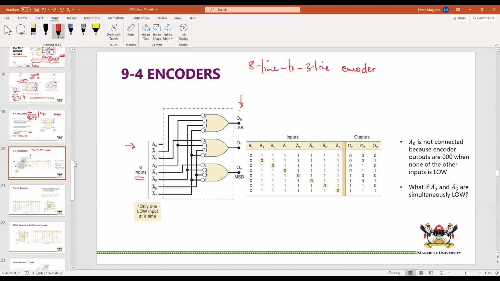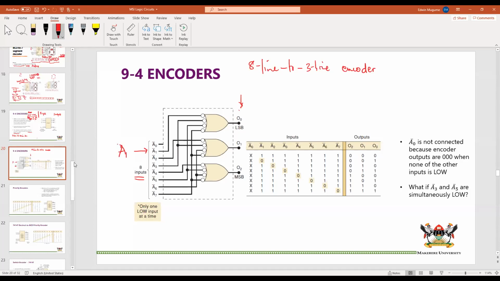But it has 8 inputs and all of them are active low. That really means that usually they are high, because if they are active low, they should be in the high state most of the time, during normal times. Now, let's say that everything is high except A1.